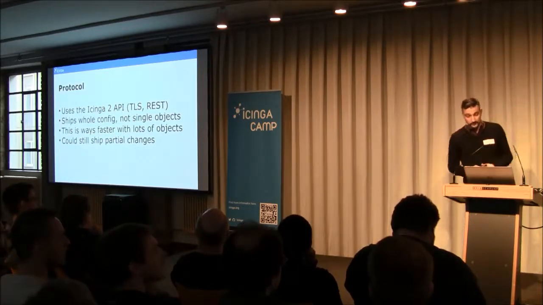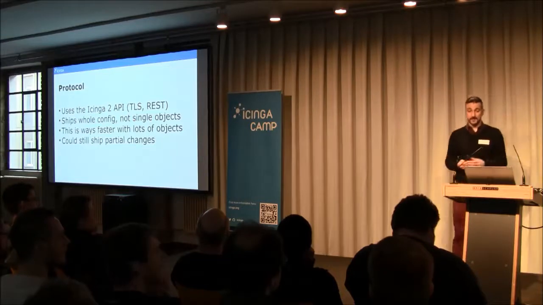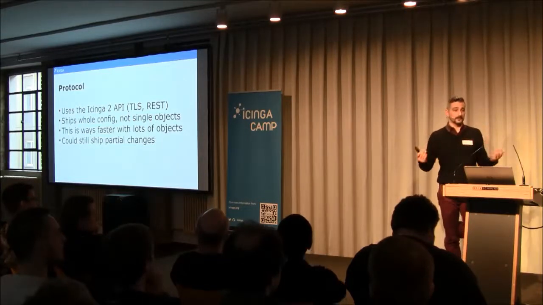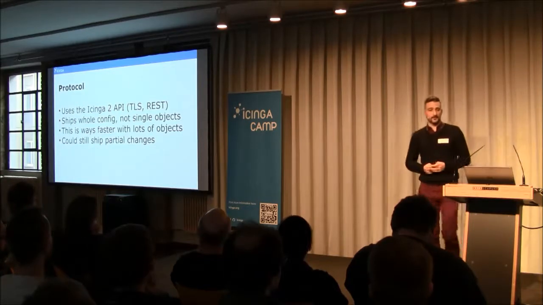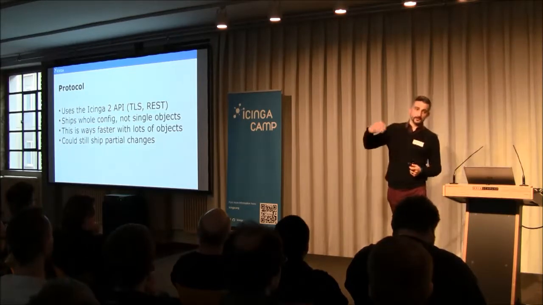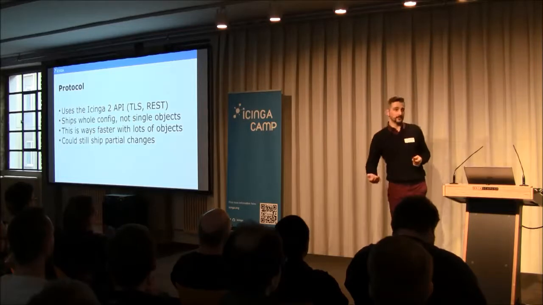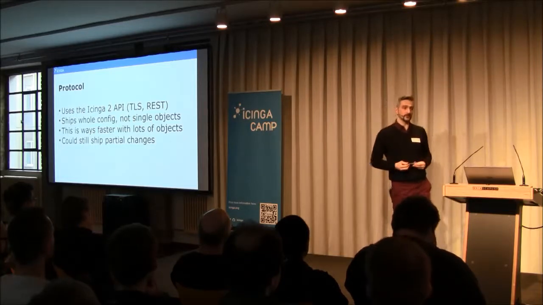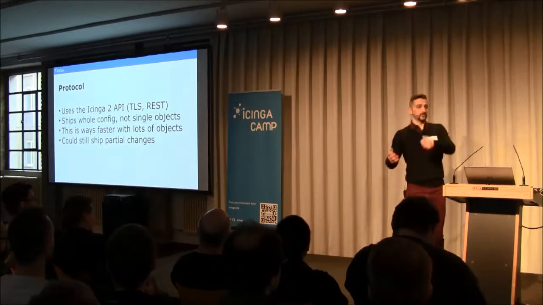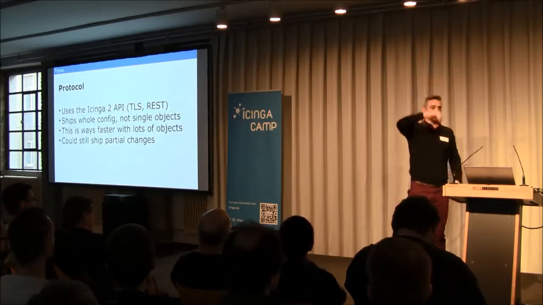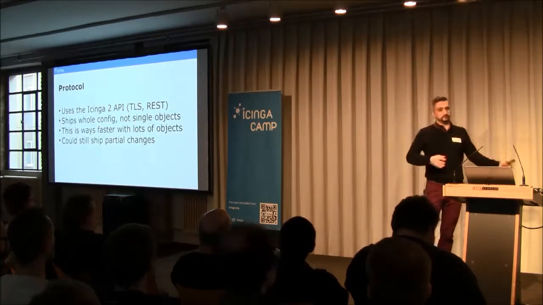Internally, the protocol it uses to talk to Icinga is the Icinga 2 API, so basically certificates, SSL, TLS, REST, and yeah. The director does not ship single objects that would result in single config files. That's too slow if you're going to sync thousands of single objects, so it's basically just doing a plain config dump. So it generates plain text config and ships that in different files.